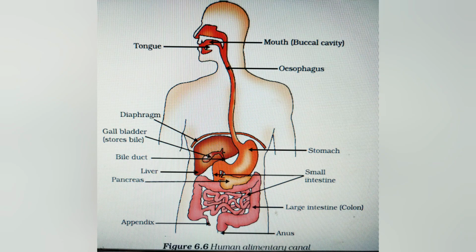In complex organisms like human beings, nutrition is also a complex process and involves different organs. These can be seen clearly in this diagram. The food is taken through the mouth and then it passes to stomach via esophagus and subsequently to small and large intestine. Finally, unabsorbed food is released outside as waste material through anus.